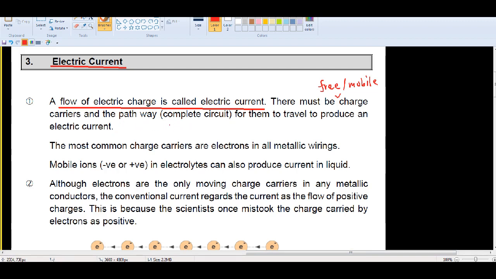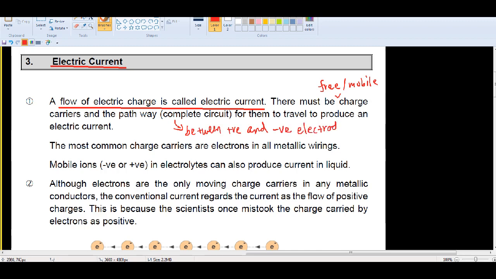For a complete circuit, to define it in more detail, it should be a pathway between positive and negative electrodes.